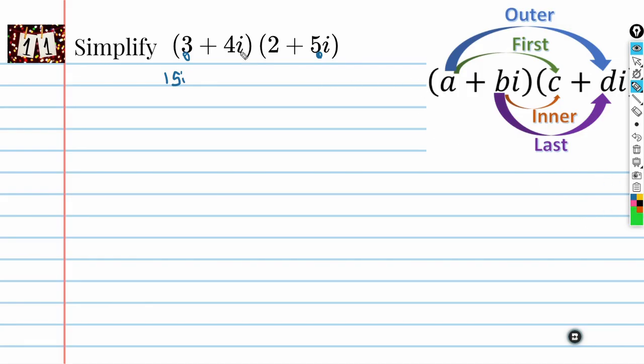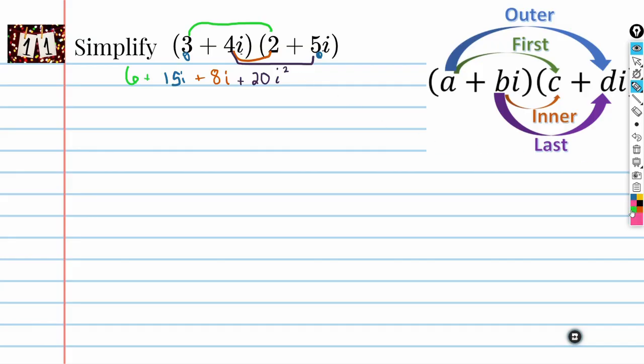The first is 3 times 2, so 6 plus, and then our inner is these two, so 4 times 2 is 8i, and then our last is 4 times 5, which is 20i squared.